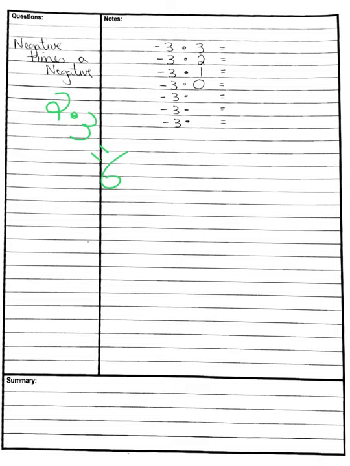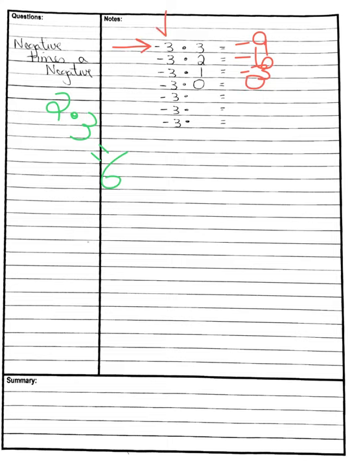So let's start with a negative times our positive. A -3 times a +3 is a -9. And a -3 times a +2 is a -6. And a -3 times a +1 is a -3. And a -3 times a 0 is 0. So let's look and see what's happening.